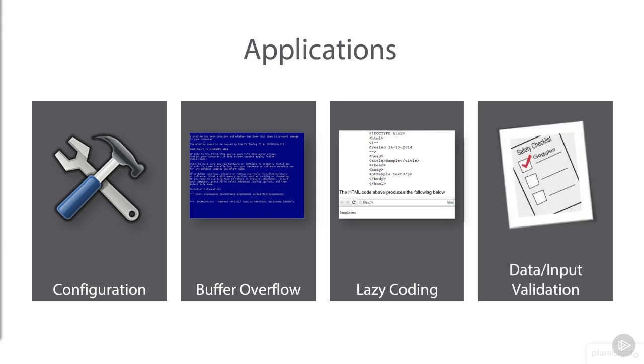And lastly, we've got data and input validation. This is typically focused on web-based applications, and the most notorious example is what they refer to as SQL injection, but it happens everywhere. Developers go through, we create these web applications, they run beautifully. When we have these fields that people fill out, it expects certain information.